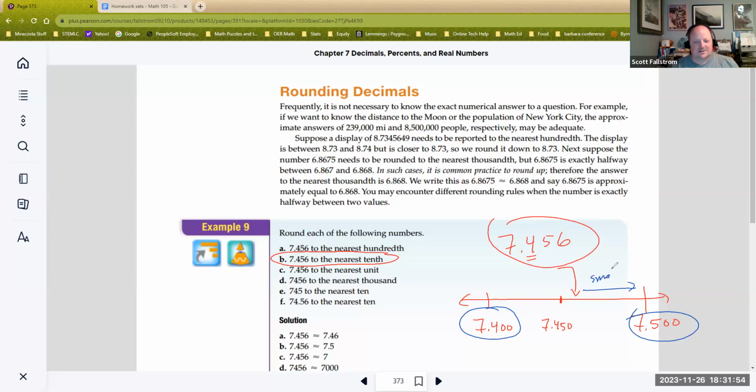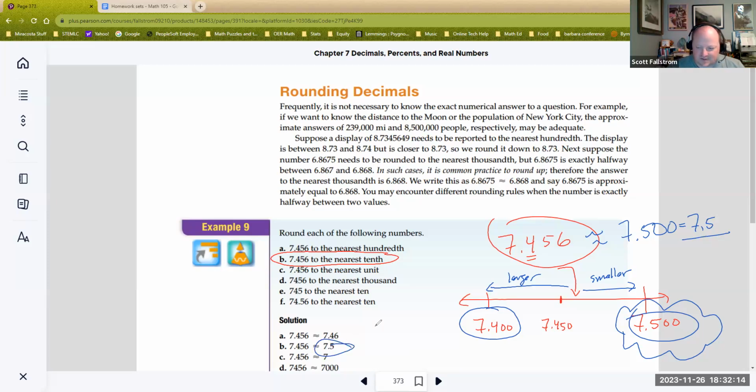And you want to choose the one that minimizes your error. So this distance is smaller. This distance is larger. So rounding, I would choose 7.500. And honestly, really just 7.5 as my final rounded number. And you can see them doing the same thing. So keep that in mind.